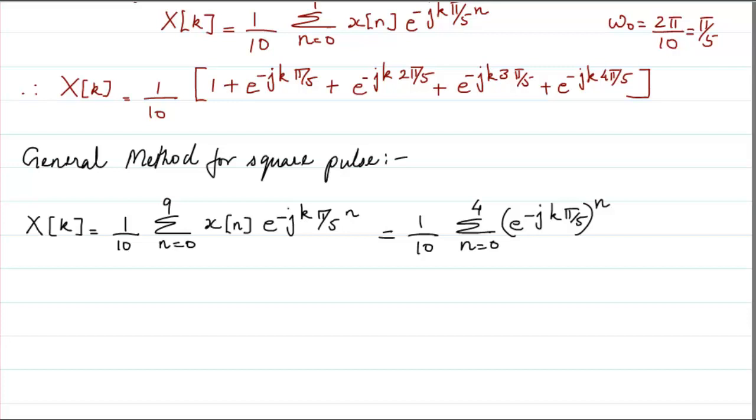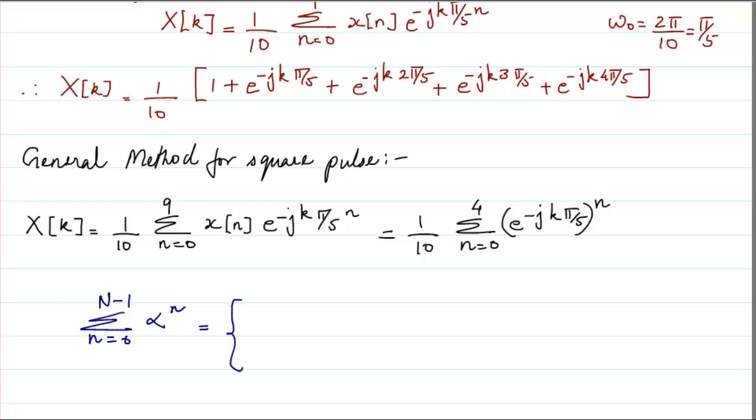Based on that, this equation we are going to solve using a formula. Sometimes you might have seen this formula in arithmetic progression and all: if you have the summation from n is equal to 0 to capital N minus 1 of alpha raised to power n, this will have two kinds of output.